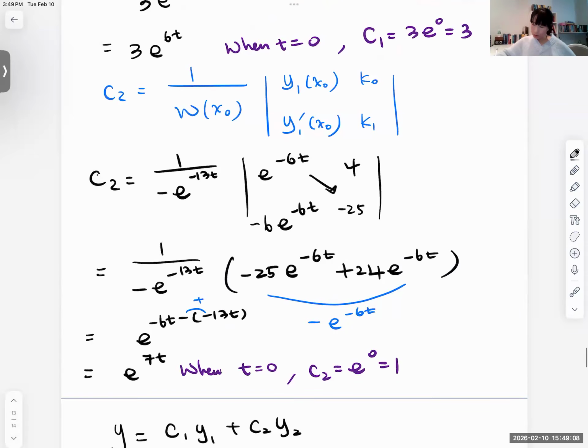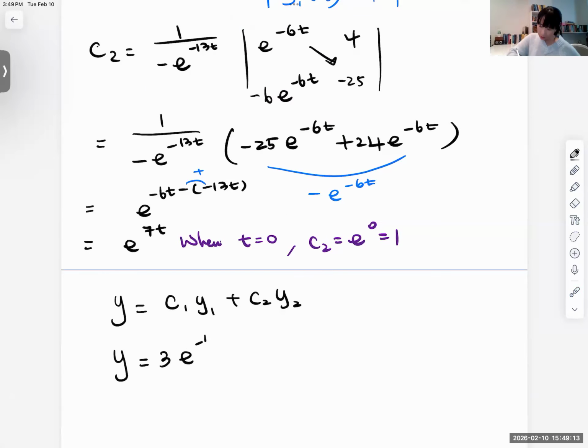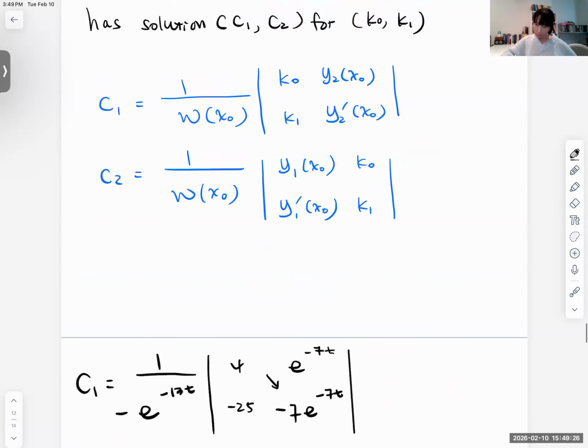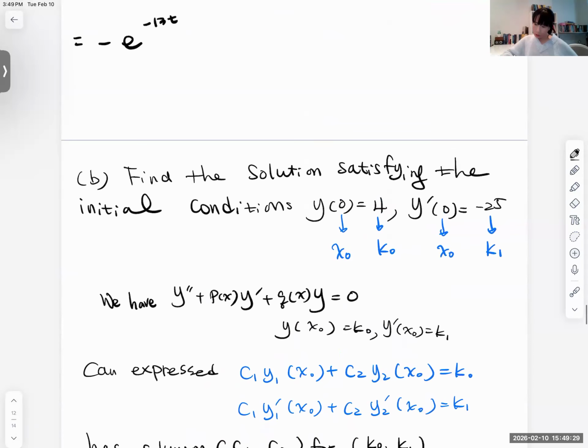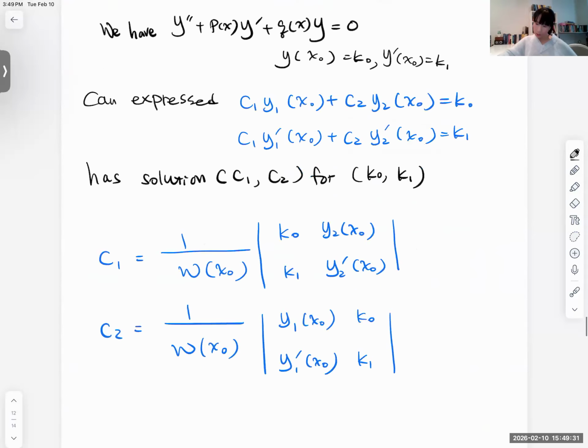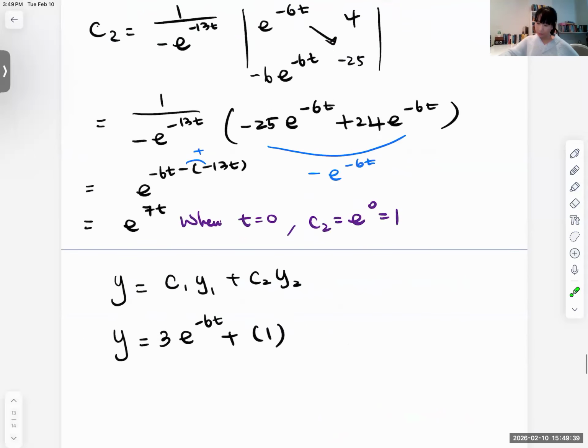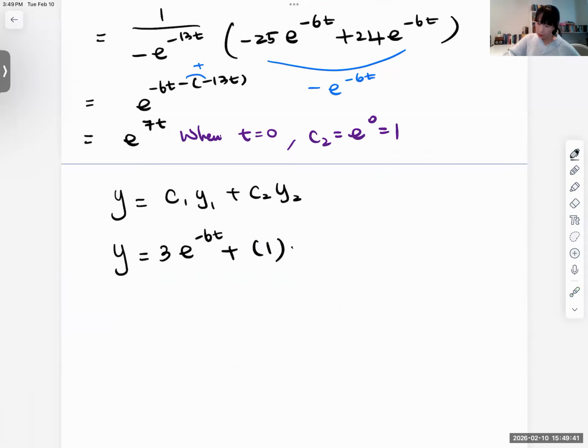What was the y sub 1? y sub 1 is e to the negative 6t, given, right? Plus c sub 2, we found 1, and y sub 2 is e to the negative 7t, given, right?